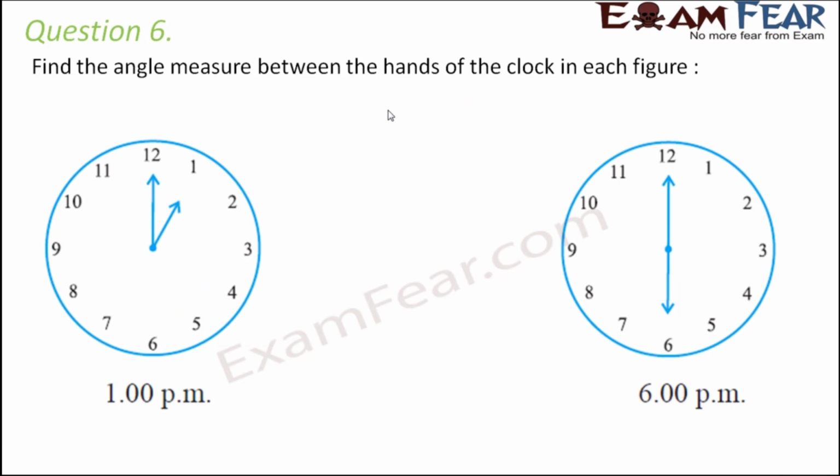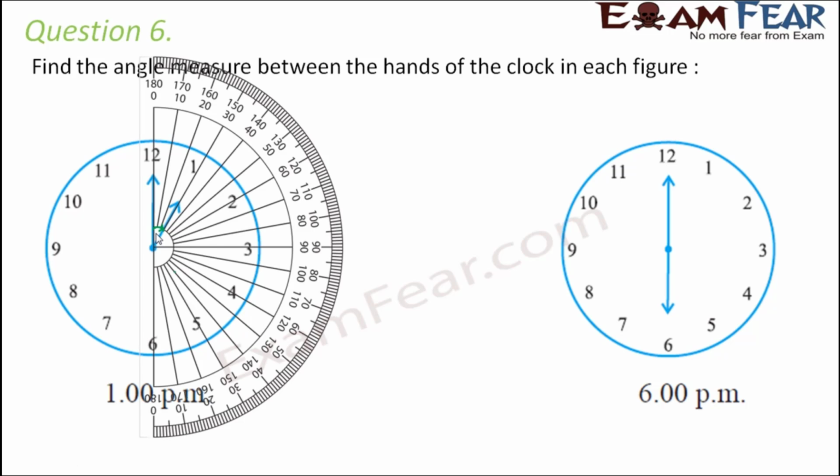Question number 6. Find the angle measure between the hands of the clock in each figure. Okay, let's first focus on the first figure. So here we will have to find out the measure of this angle. So let's place the protractor correctly such that the midpoint of the straight edge coincides with the vertex, and also the straight edge should coincide with one of the arms of the angle.